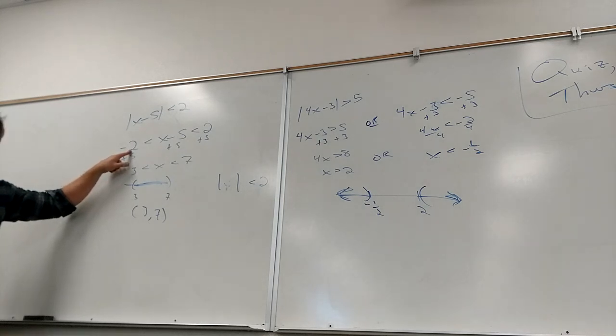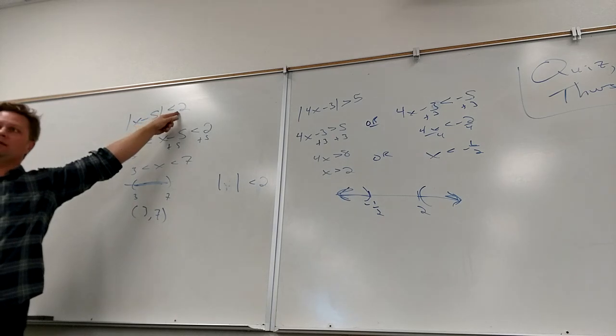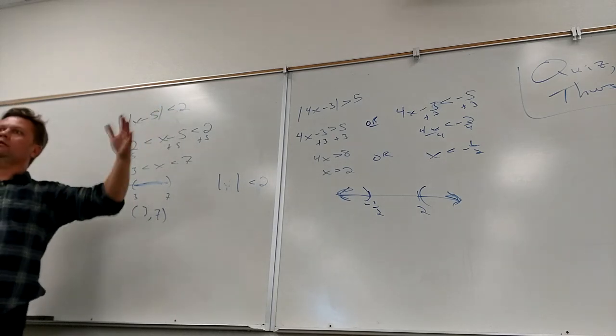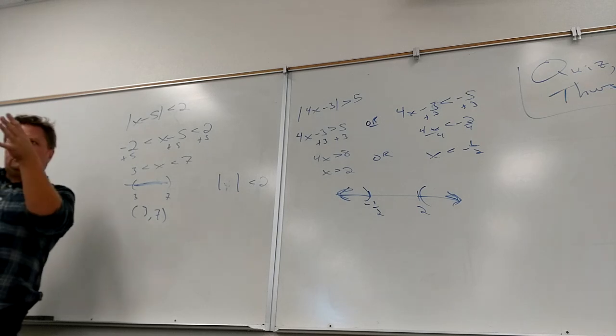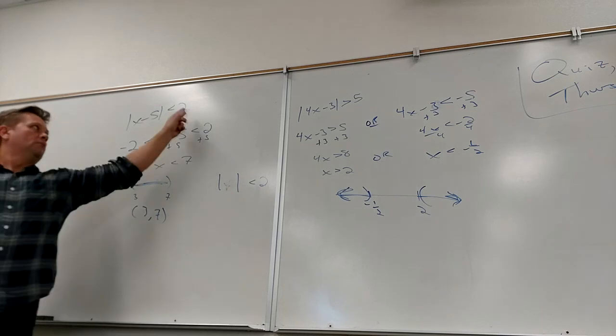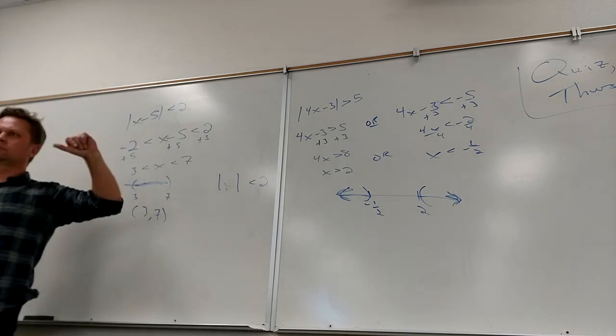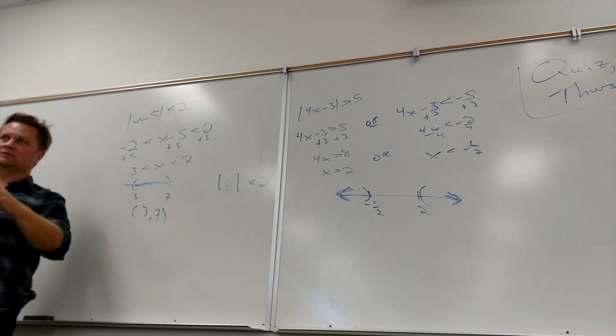Because if it did, and I took the negative off, which is what the absolute value would do, it would not be less than 2 still. It would be bigger than 2. That's why it's contained. I can't let the number piece, not the sign piece, but the number piece, be bigger than 2. So negative 5 won't work because 5 is bigger than 2.